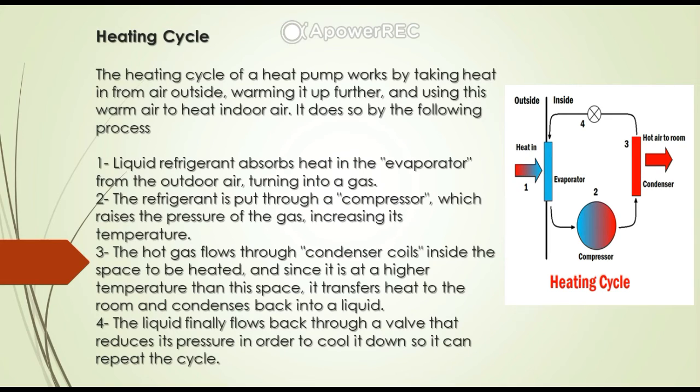Since it is at a higher temperature than this space, it transfers heat to the room and condenses back into liquid. The fourth one is that the liquid finally flows back through a valve that reduces its pressure in order to cool it down, so it can repeat the cycle.